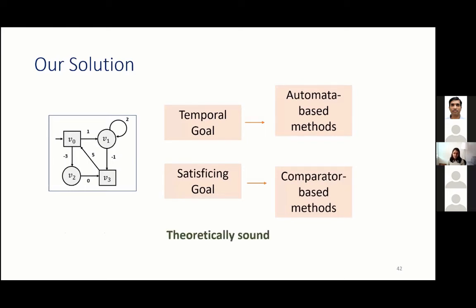And in fact, that is the guarantee we get: the strategy generated by combining the automata for the temporal goal and the comparator for the satisficing goal will necessarily satisfy both of the goals simultaneously. Okay. This algorithm may not be complete because of the error introduced by the comparator in the case of non-integer discount factors. In the case of integer discount factors, this algorithm is also complete, right?